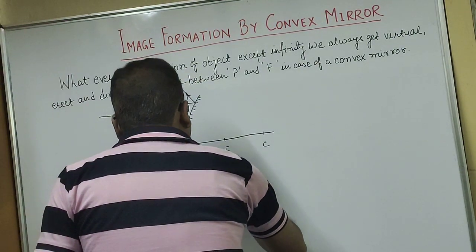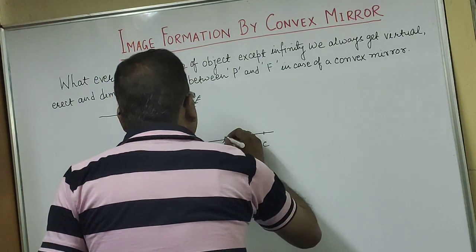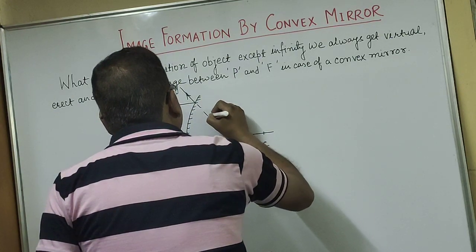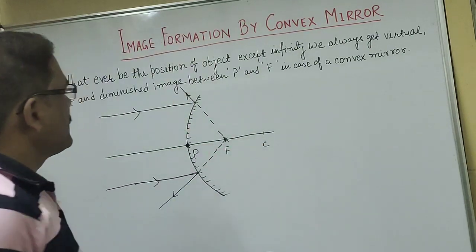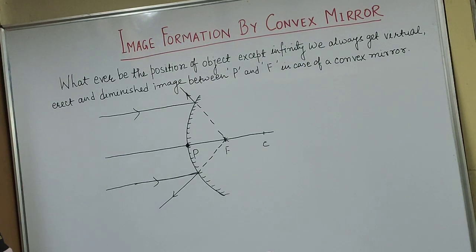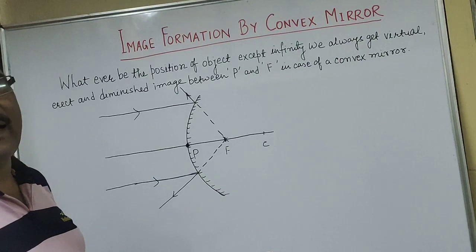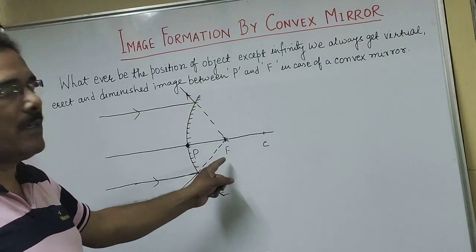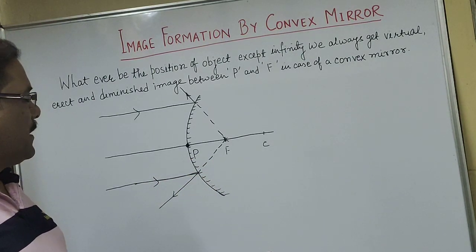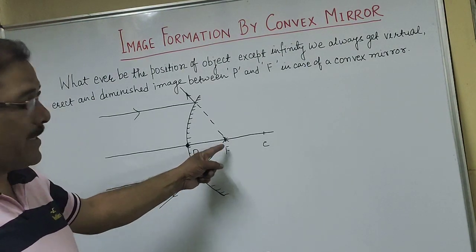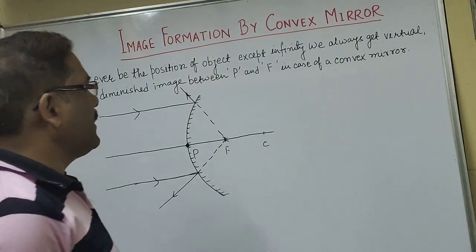But when you produce the rays backward, they will meet at focus. So you will get a virtual image at F, because the reflected rays are not actually meeting at F. When they are produced backward, then they virtually meet. This image is highly diminished, point size, and obviously the nature is virtual and erect.